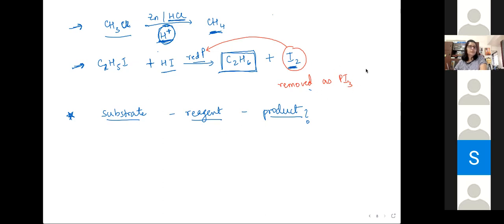Why we should care about PI3 is because this is a volatile compound. It can just evaporate off as a gas. As I said, if there are special notes like these, I will mention it. Otherwise, know what is a substrate, what is a reagent, what product we make. Three main characters in our story.